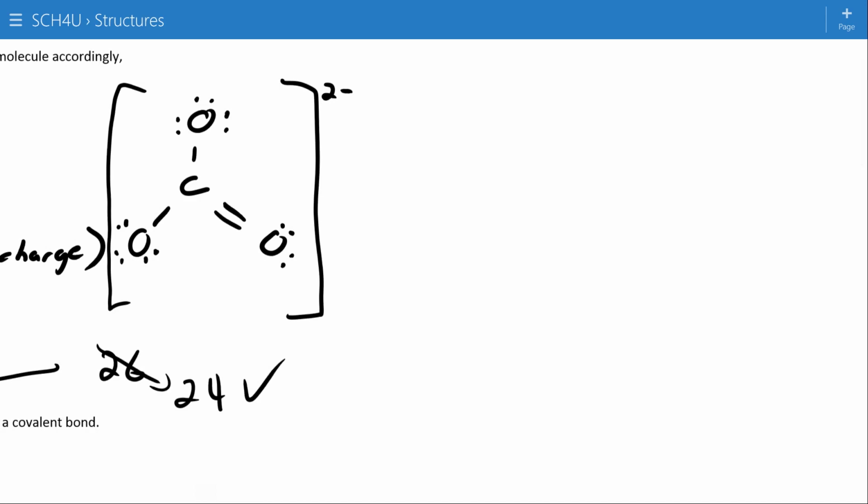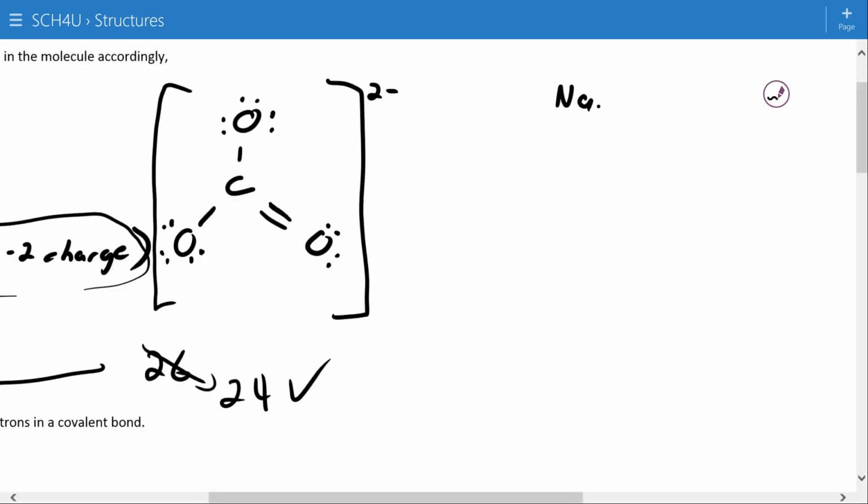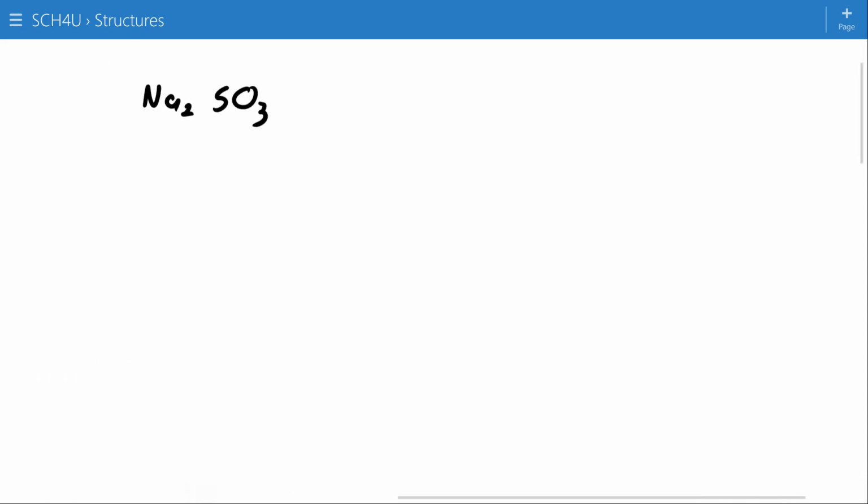Now, most likely, if we have something like carbonate or sulfite or any of these kinds of things, they're going to be part of an ionic structure. So I gave this atom 2 extra electrons because of its minus 2 charge, and I don't know if that made anybody think, but where did those 2 electrons come from? Well, chances are if this thing existed, it would really exist as an ionic substance.